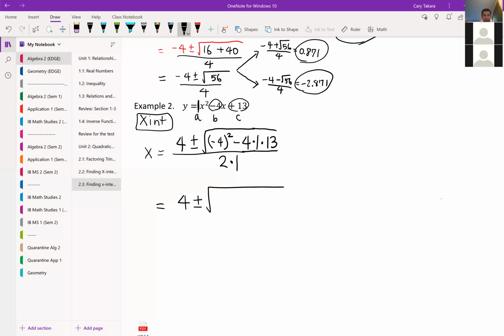Great. Okay. So you notice that. That's a positive 16. Okay. And then you're going to do negative 4 times 1 times 13. What's negative 4 times 1? That's negative 4 still. And negative 4 times 13 is negative 52. So minus 52. And 2 times 1 is just 2.